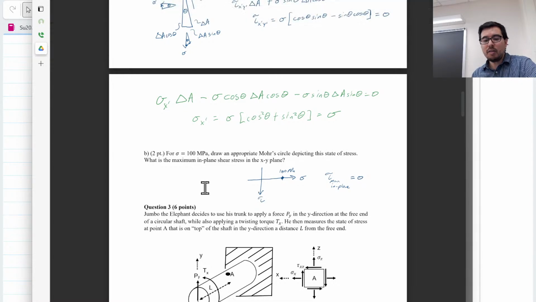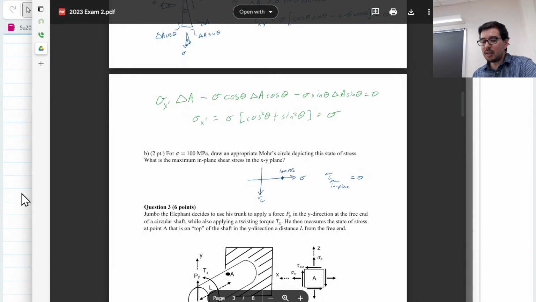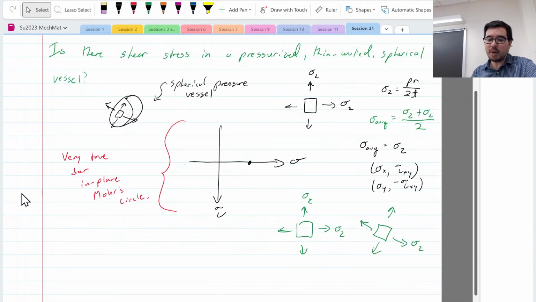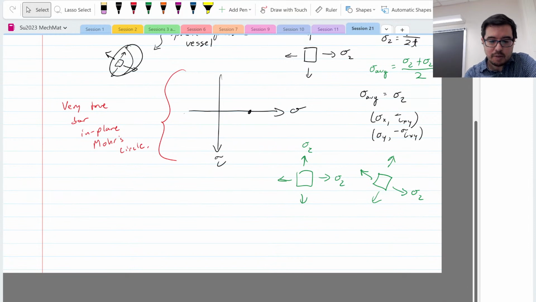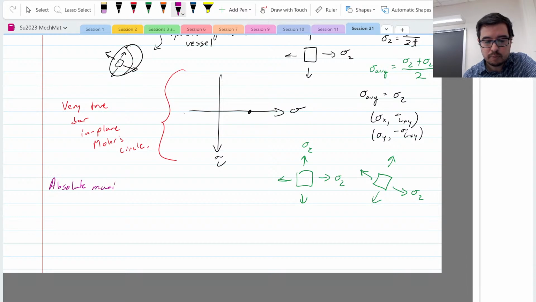Then the next session after this exam, the first session covered on the final exam, was absolute maximum shear stress. So this is very true for the in-plane Mohr circle. But as we now know, if we're looking at absolute maximum shear stress, we often have to look at what the out-of-plane normal stress is.